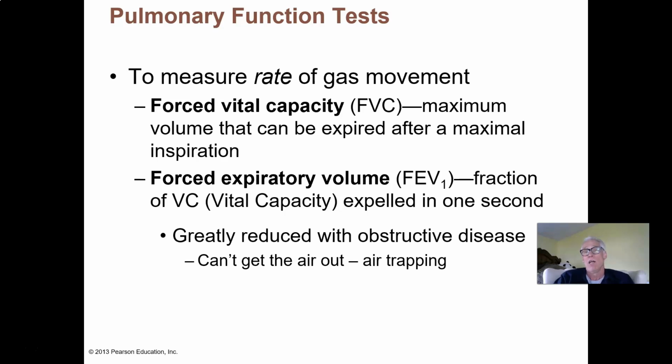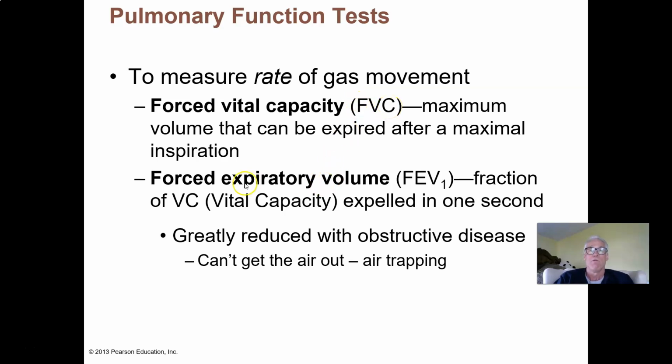So we can evaluate those things by measuring the vital capacity and measuring the rate at which you can expire air. The forced vital capacity is just the name of the volume you expire in a test in which you inspire all the air you can inspire, and then you force out all of the volume and measure it on its way out. We call that result the forced vital capacity.